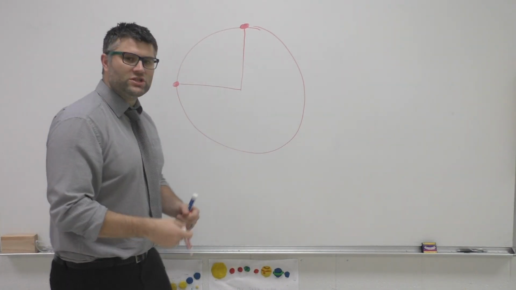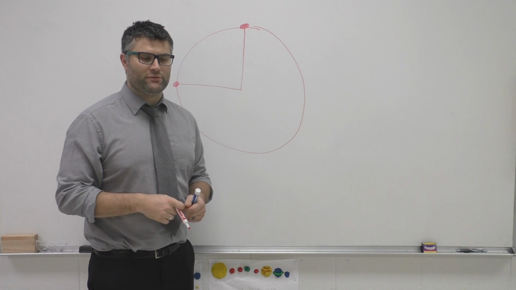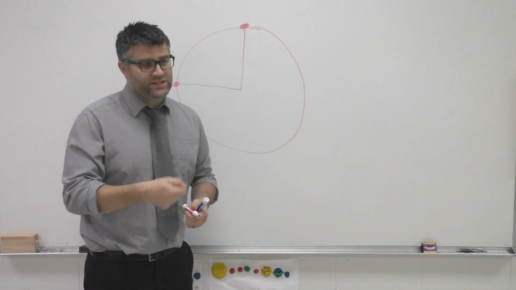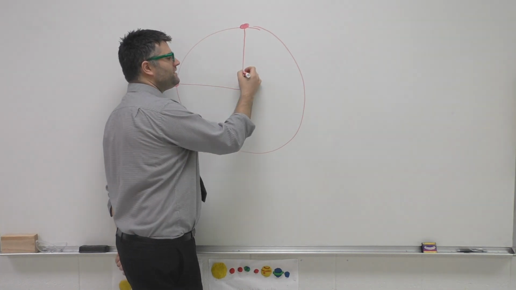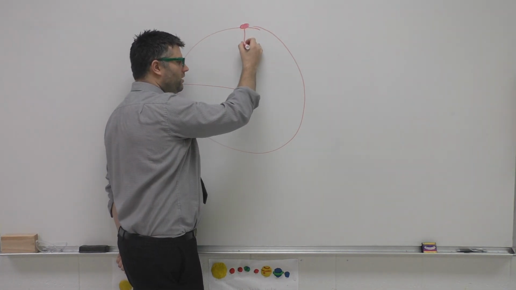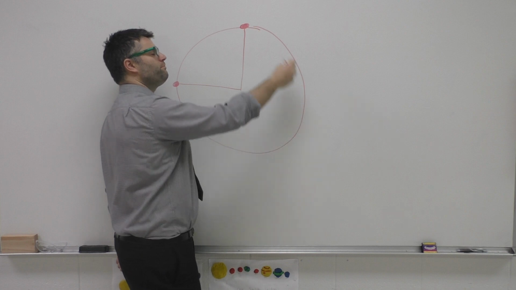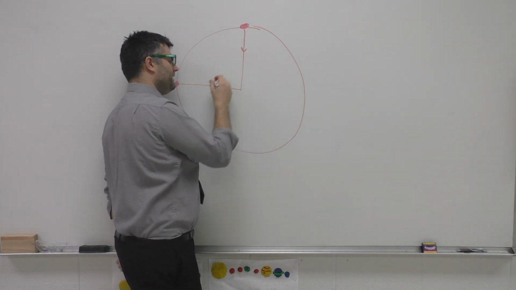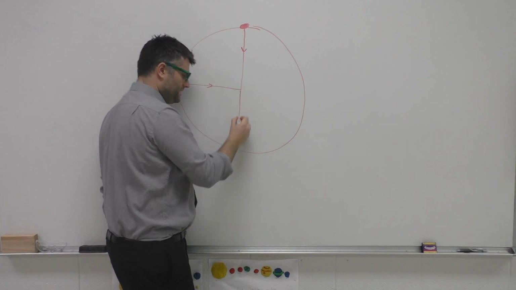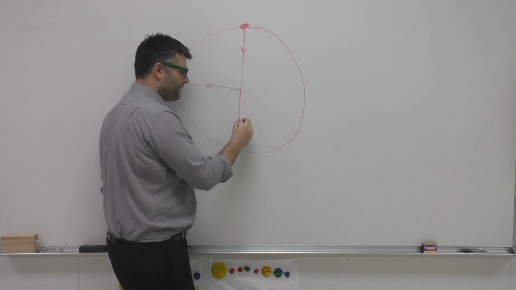Now, what is actually causing it to move in that direction? Well, when you do this, you might feel the force in your hands. And effectively, when you're moving this in a circle, you are pulling always towards the center.